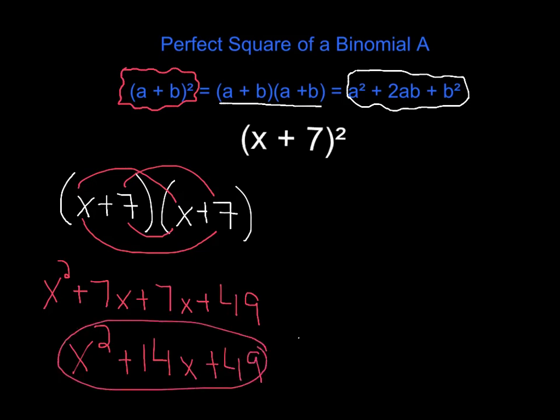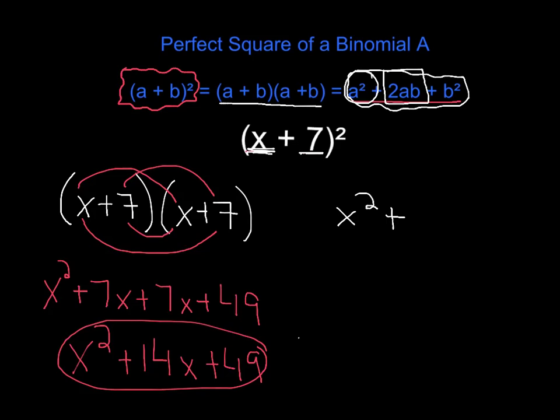But now, instead of doing FOIL, let's look at this special pattern. We started with x plus 7 squared. In our final answer, the first term is going to be the first term squared, so x squared. And then plus, we have this 2ab. What that means is multiply the first one and the second together and then double it.